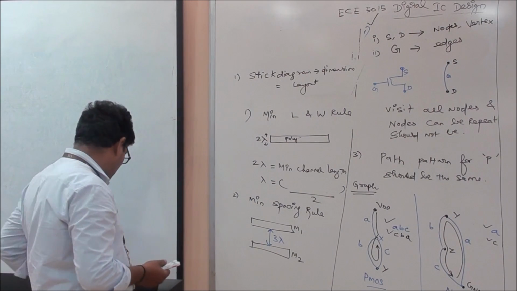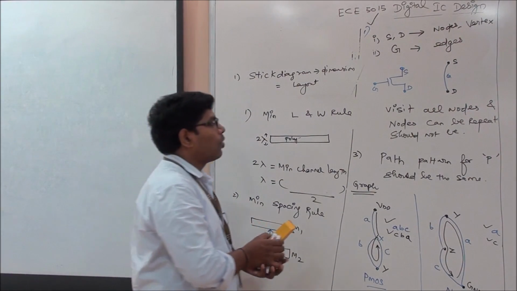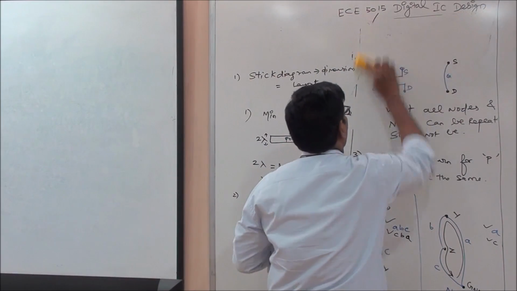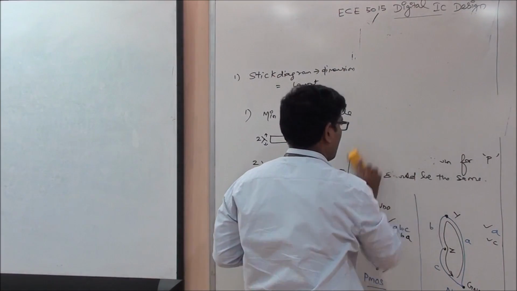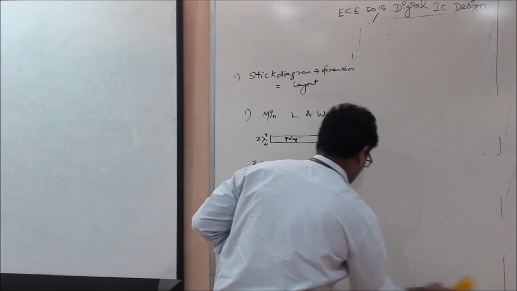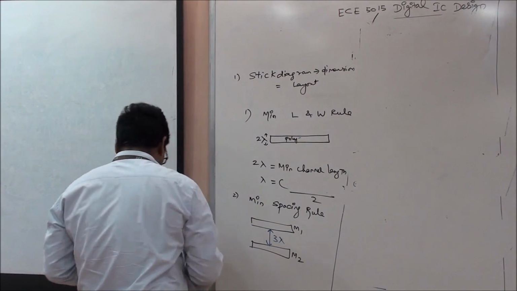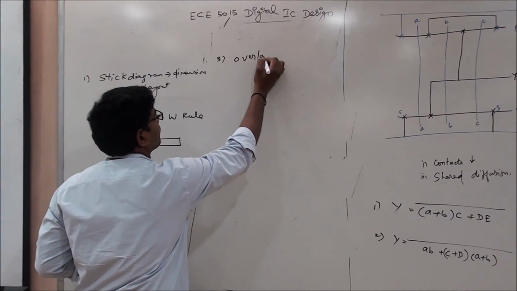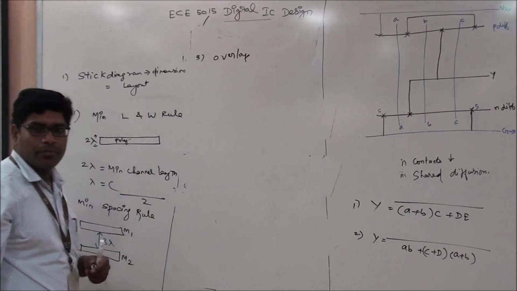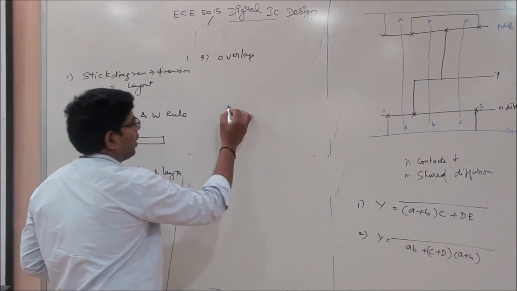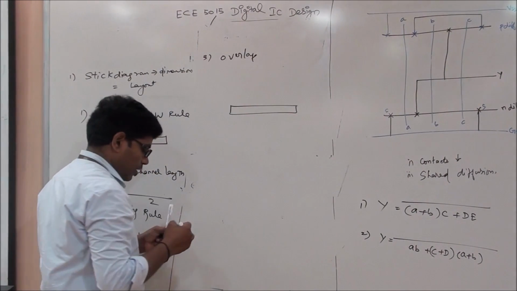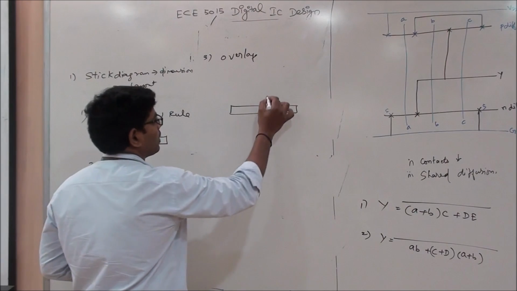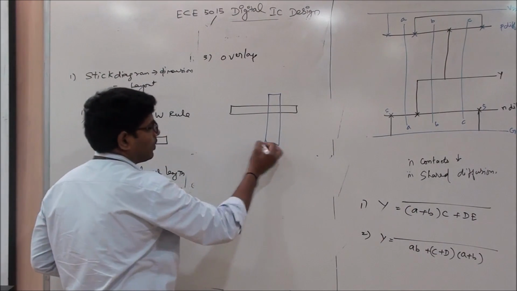The third rule is overlap rules, the rule of overlap. Say I am using N diffusion, and over this, I am using a poly.